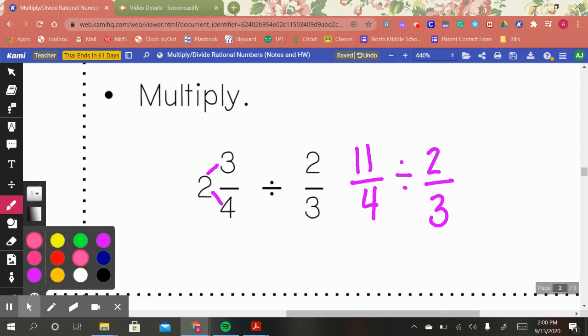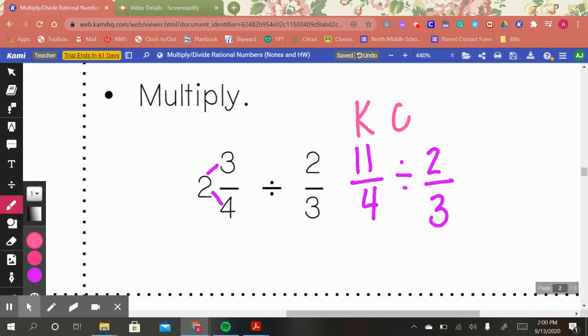Now that I have 11/4 divided by 2/3, I'm going to keep it, change it to multiplication, flip the second one to find its reciprocal. Okay, so we're at 11/4 multiplied by the reciprocal 3/2.